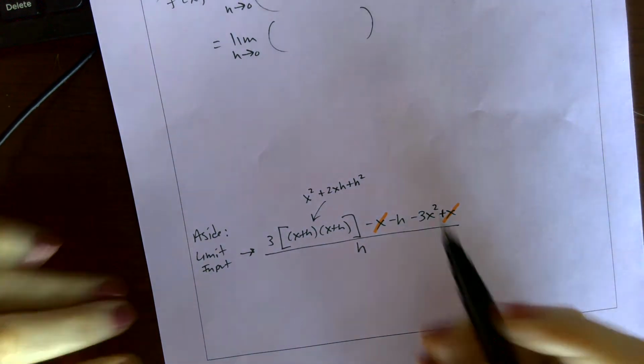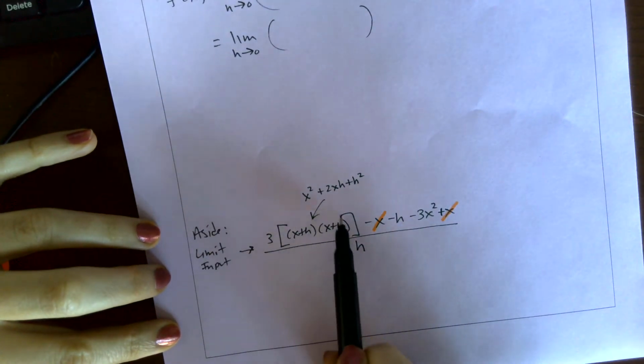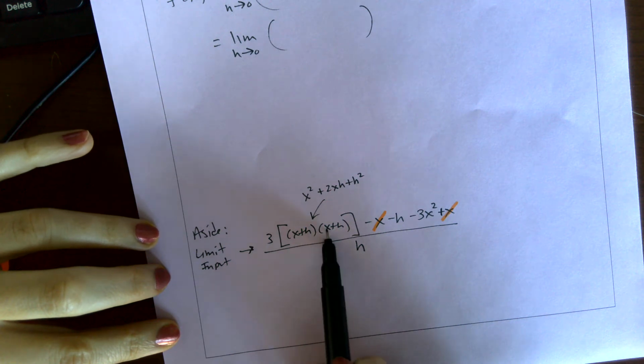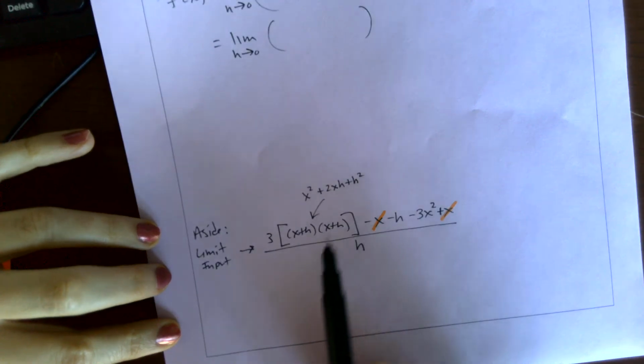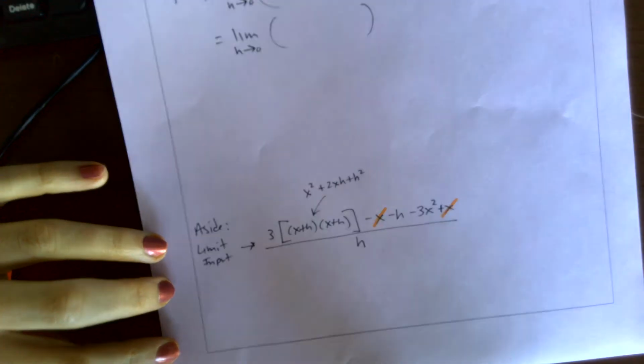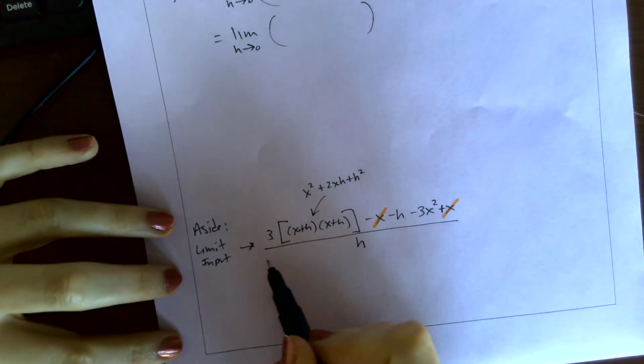And if you don't see how I got that, just do the distribution. So it's x squared plus xh plus another xh, so that's the 2xh, and then plus h squared. Alrighty, so in the next line, I'm going to distribute the 3.